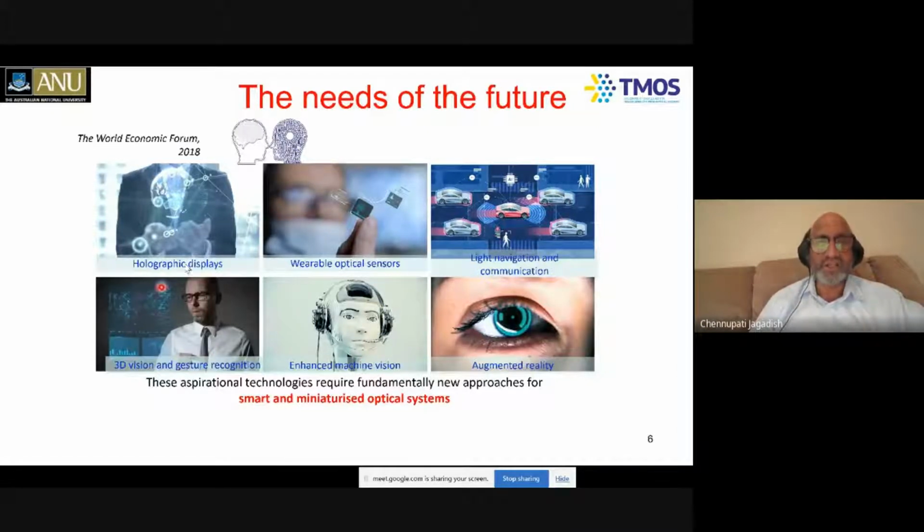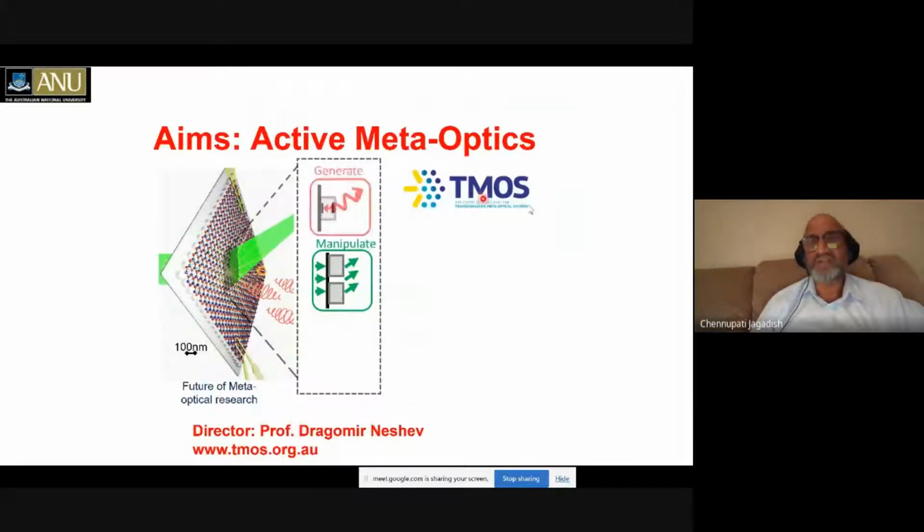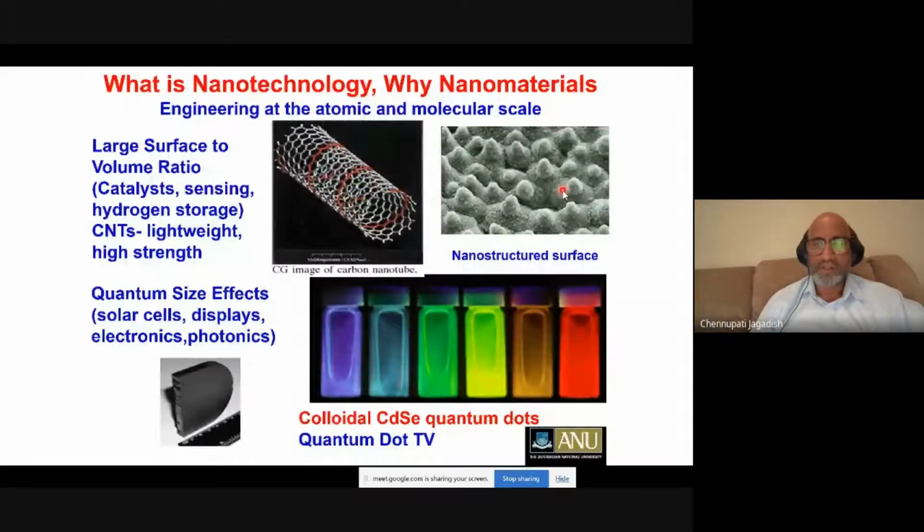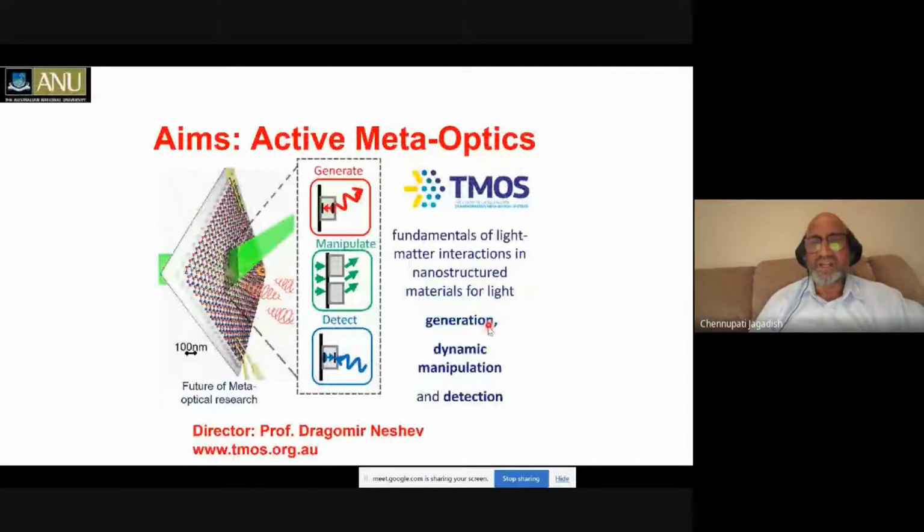All these technologies require smart miniaturized optical systems, and that's what we are trying to do as part of a new Center of Excellence on Transformative Meta-Optical Systems, funded by the Australian Research Council, in terms of generating light, manipulating light, and detecting light. We use nanostructures to generate light, meta-optics to manipulate light, and nanostructures to detect light as well.